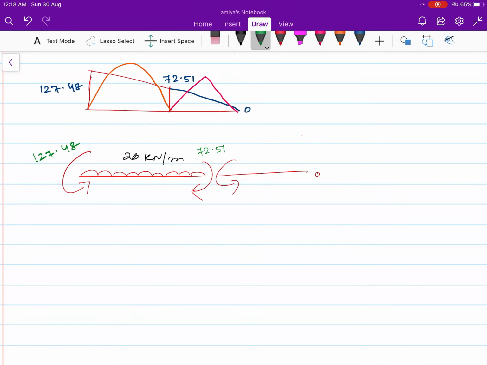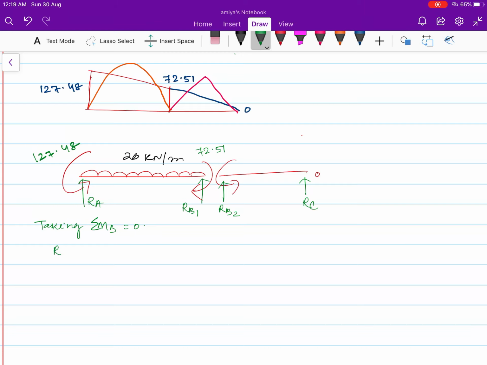Now to find the shear force diagram, this is RA, this is RB1, this is RB2, this is RC. So take moment about B, taking moment about B equal to 0.